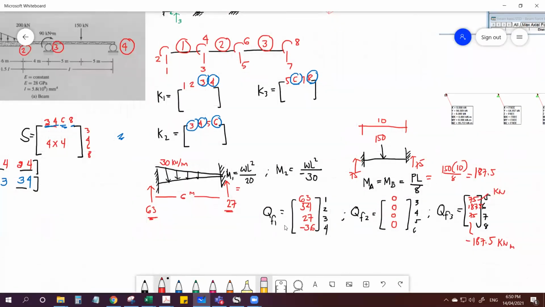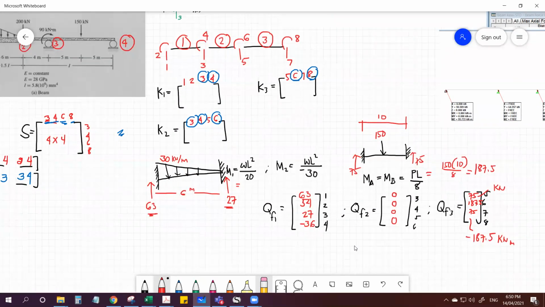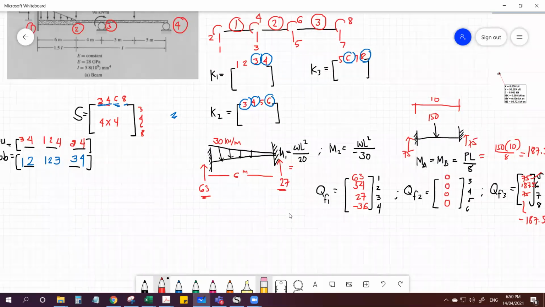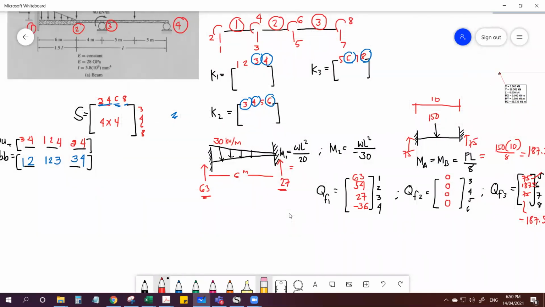Okay, so we've already set up the fixed end forces. Again, if I rewrite the general formula, P minus P sub F is equal to SD. So our PF will be coming from the QFs.